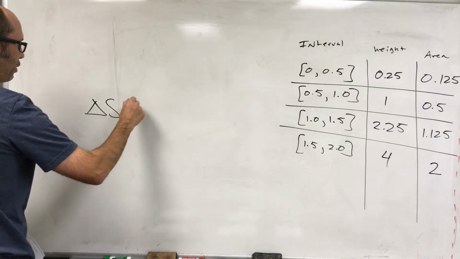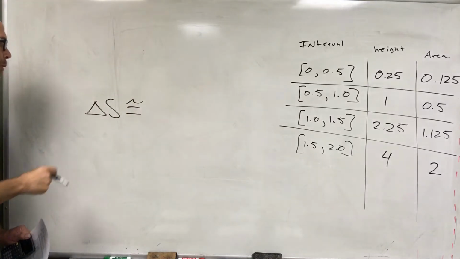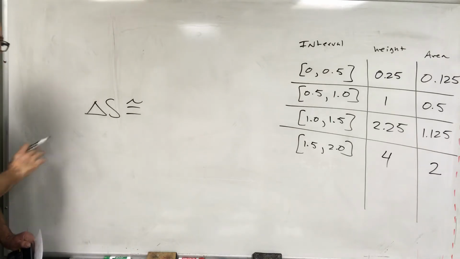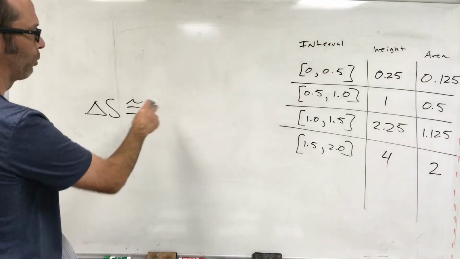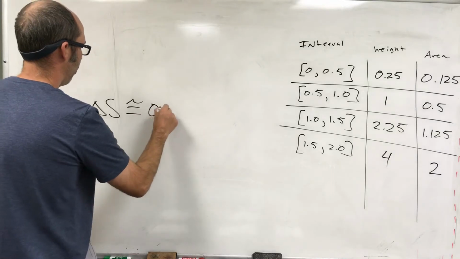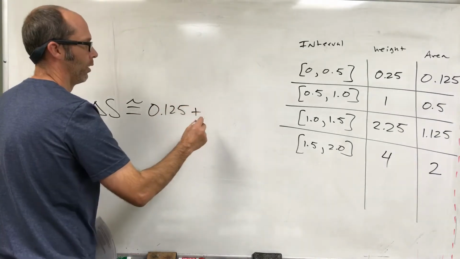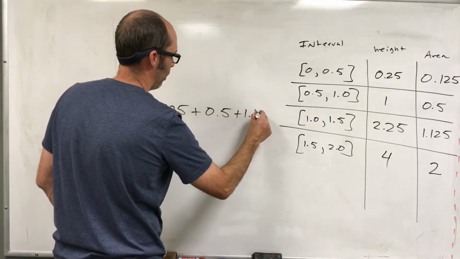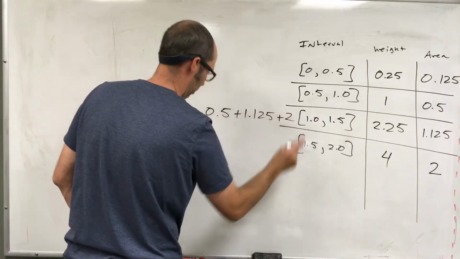My approximation is not exactly correct, because this would be the green part I just drew, the exact amount under the curve. We're just approximating it. 0.125 plus 0.5 plus 1.125 plus 2.